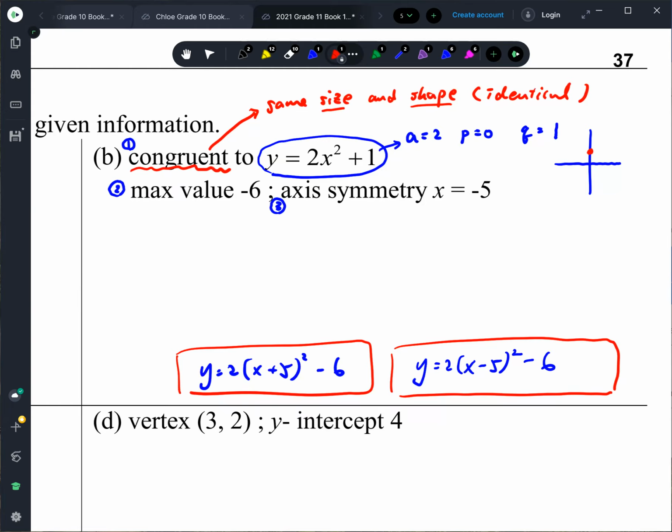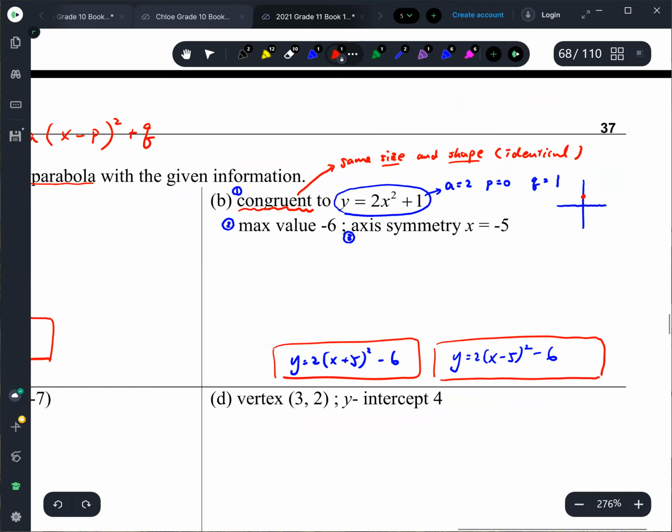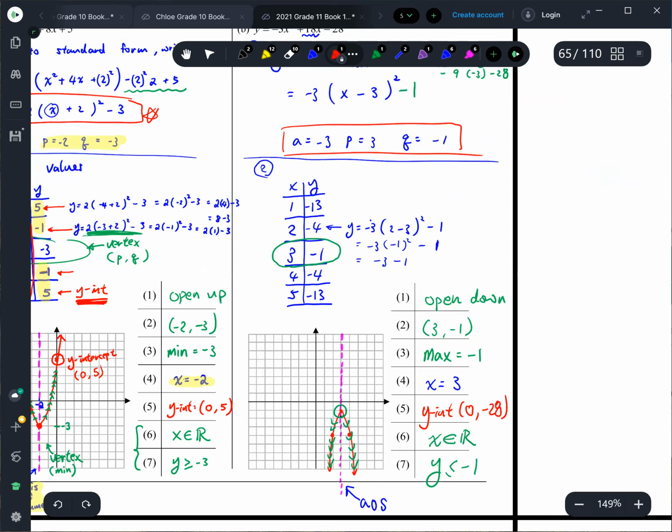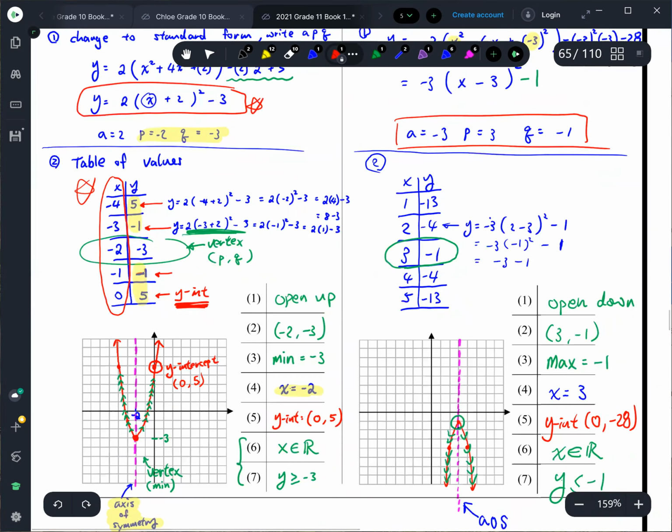Mackenzie, are you there? I don't know. What? What did you say? I don't know. If you look at the last page, last time, okay, what controls open up or down? How do we know if the graph opens up or down?